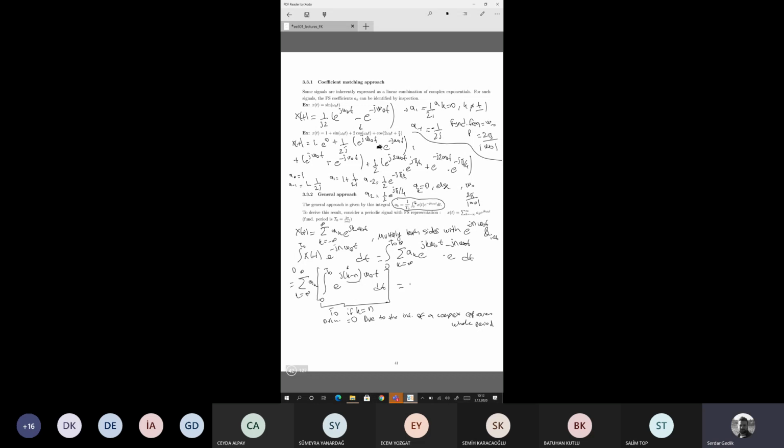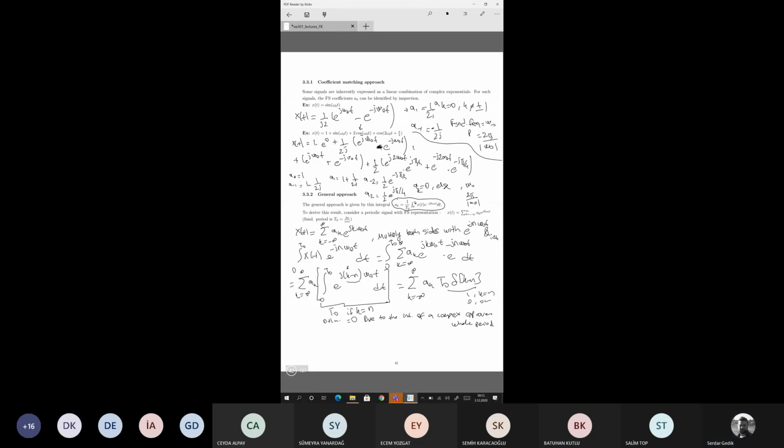So this is equal to the summation, again, k from minus infinity to plus infinity, a k times t0 times impulse k minus n. What does it tell you? This impulse k minus n is telling you that this is equal to 1 if k equals n, 0 otherwise.